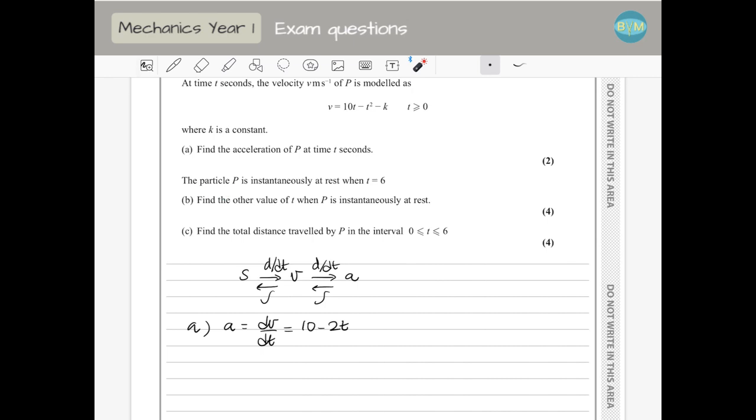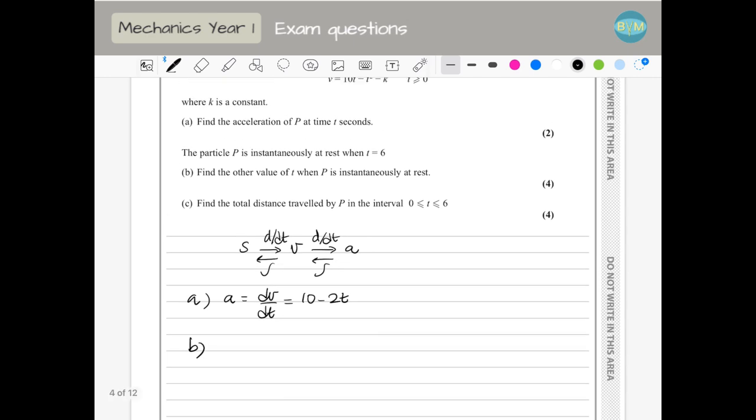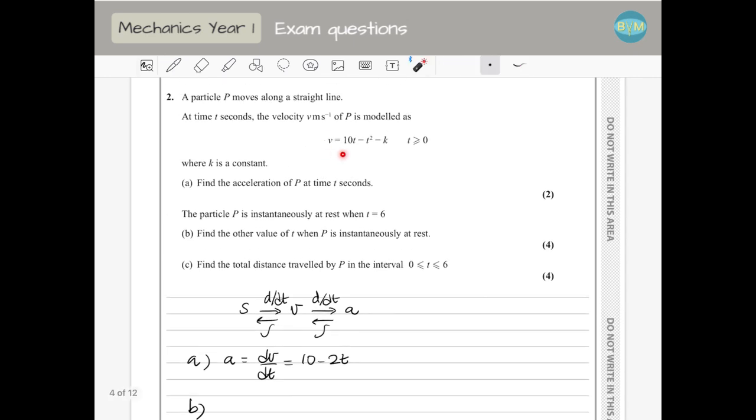Then the particle P is at rest when t is 6. Find the other value of t when P is at rest. P being at rest when t is 6 is going to help us find the constant. Velocity when at rest means velocity is 0. So I'm going to substitute the velocity by 0 and the time by 6.